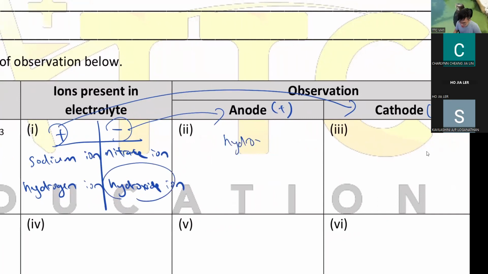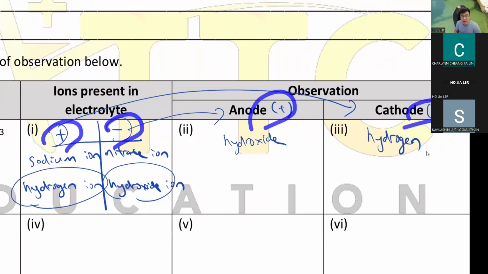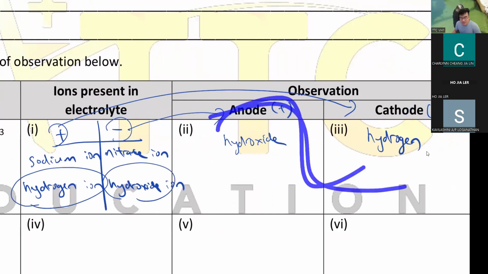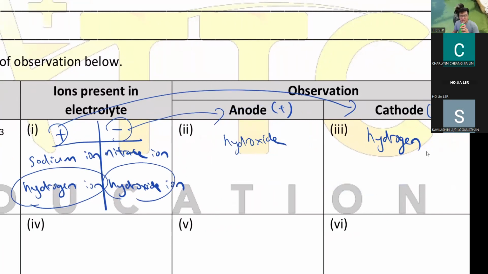So hydroxide ion here, and hydrogen ion here. Guys, do not confuse the direction. Many of my students get this in reverse. That is a very wasteful way to lose your marks.